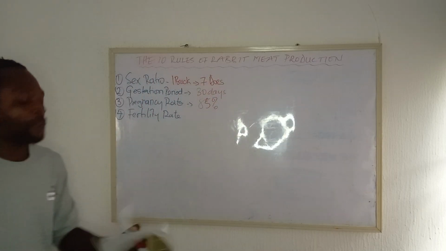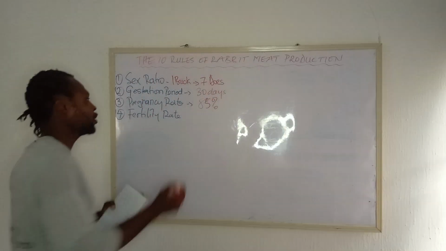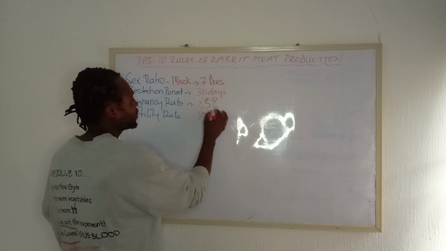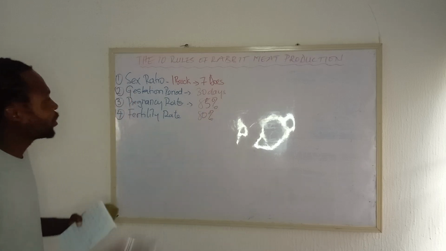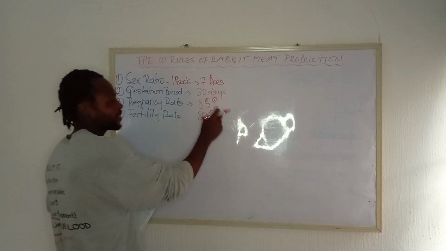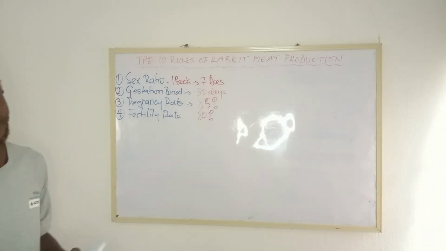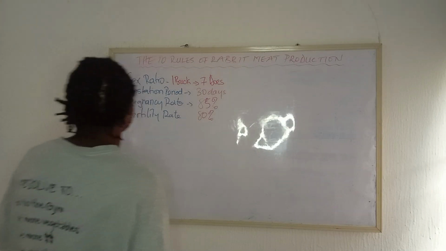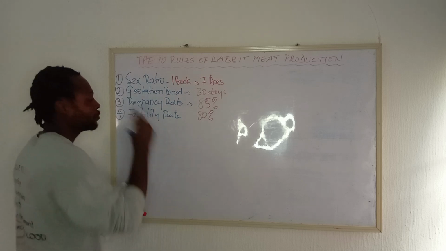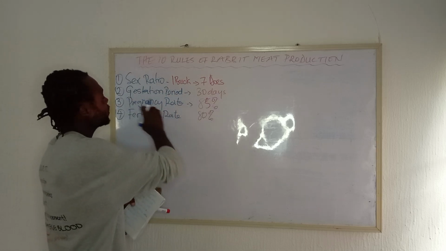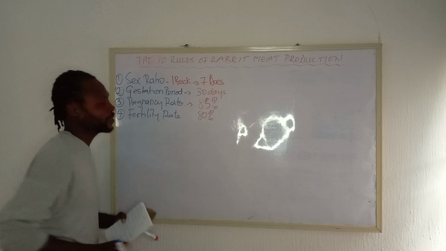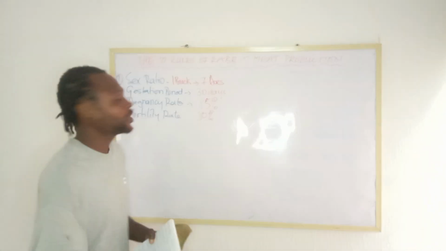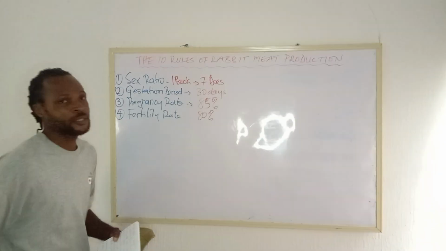That gives you your fertility rate, and usually it should be around 80%. It means 80% of the 85% that got pregnant has to kindle. And most times, between the pregnancy rate and your fertility rate, what should bother you more is your fertility rate.